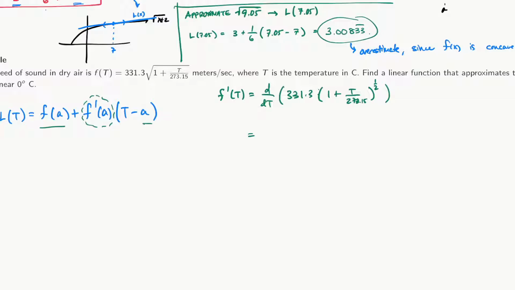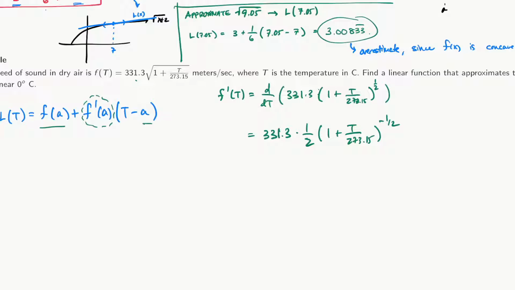And then again, this is a scalar, so this just hangs out front, 331.3, times the derivative of this piece on the right, 1/2 times 1 plus t over 273.15 to the minus 1/2.